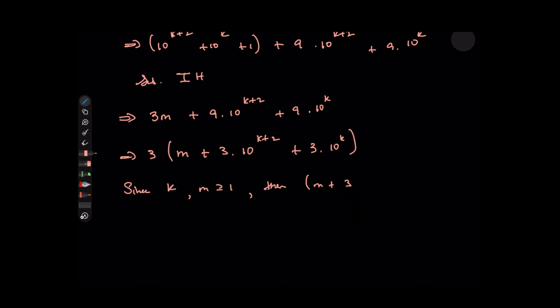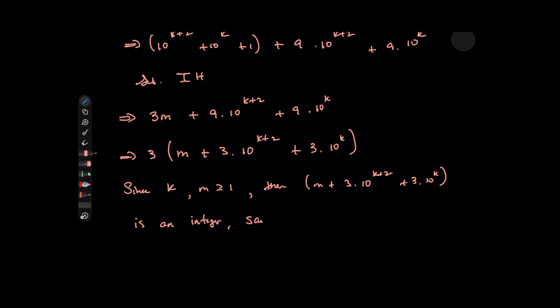m plus 3 by 10 to the power of k plus 2 plus 3 by 10 to the power of k is an integer. So instead of saying the m is an integer and the sum of integers are integers, we have this nice statement here from the question itself, which we could use instead of writing that, right? Is an integer.